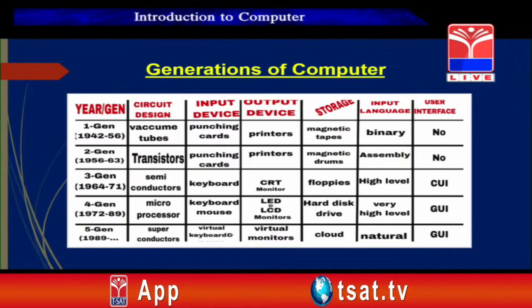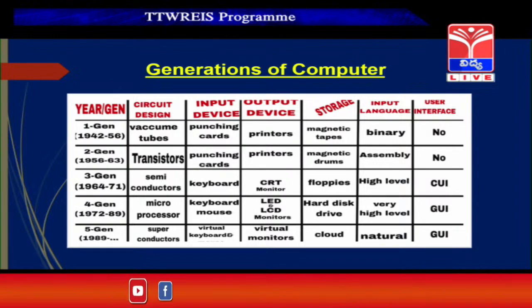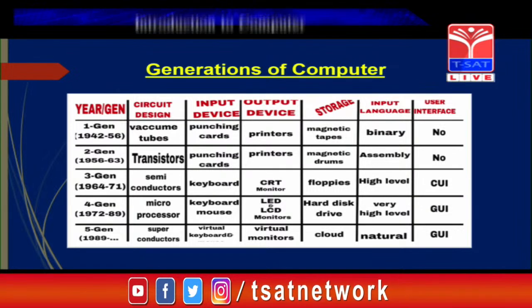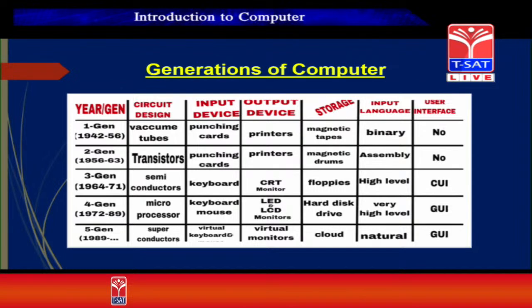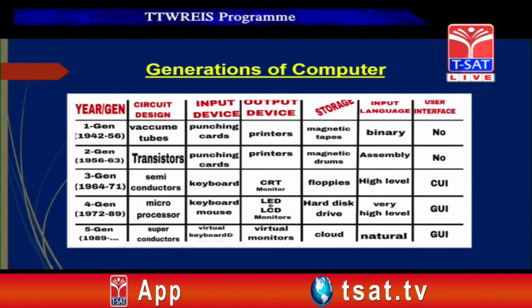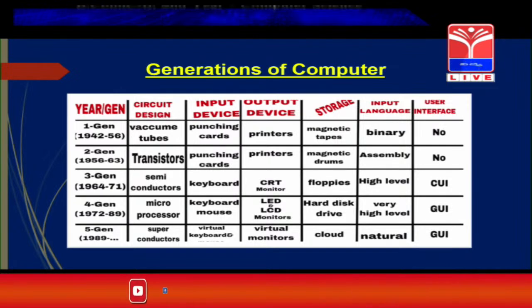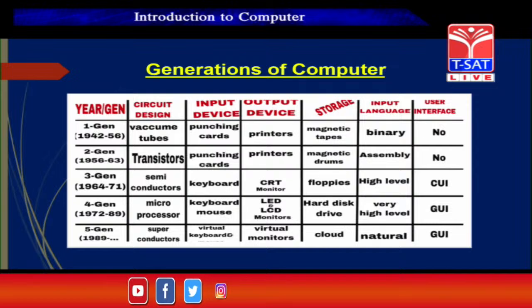Here high level language is used for passing input to a computer. This high level language can be understood by humans, and there is a user interface in third generation computer, that is CUI. CUI can be expanded as command user interface.